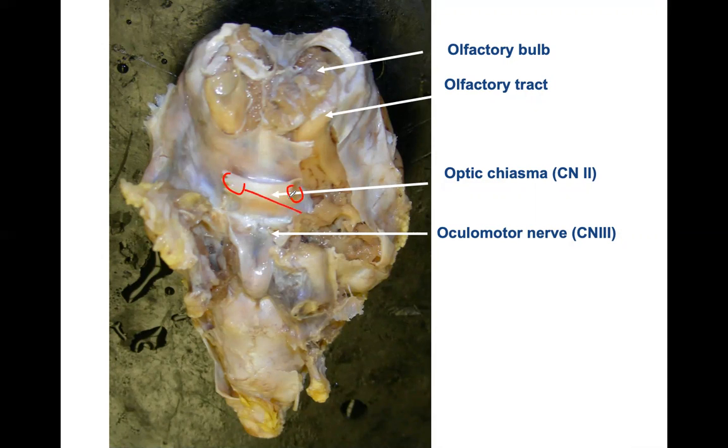And again, imagine these two optic nerves are crossing over each other. So that point of cross is the optic chiasm. And then another nerve that you can visualize is right below, that's called the oculomotor nerve or cranial nerve number 3. There are a total of 12 pairs of nerves from your cranium, but again, we don't discuss them in detail for the sheep brain anatomy.